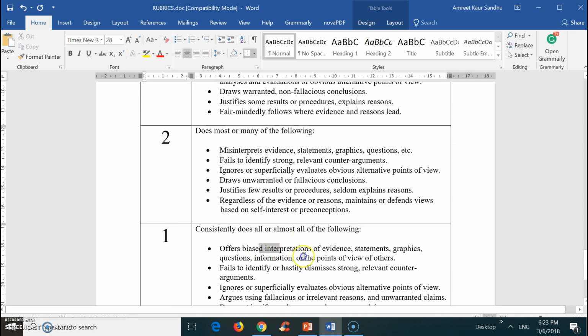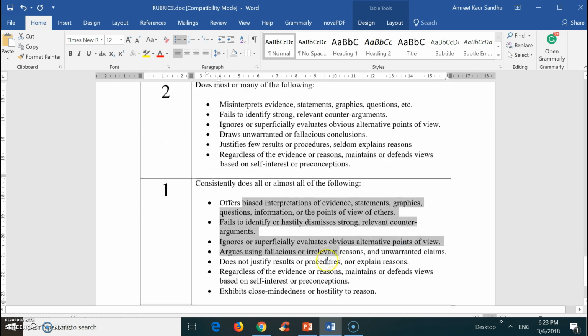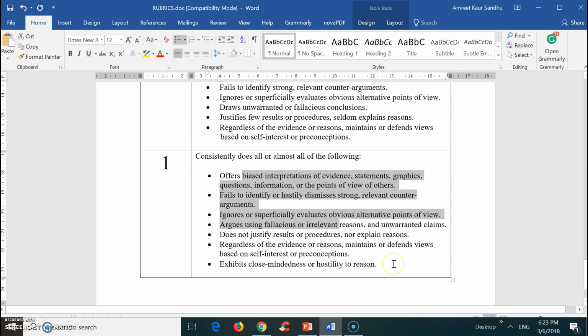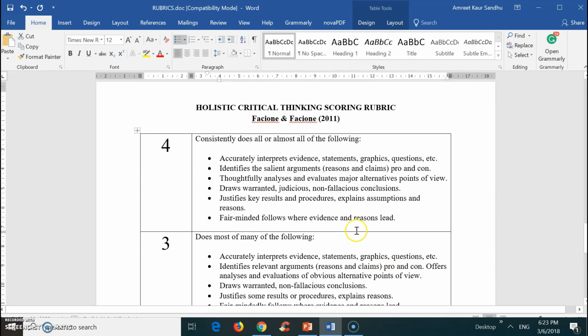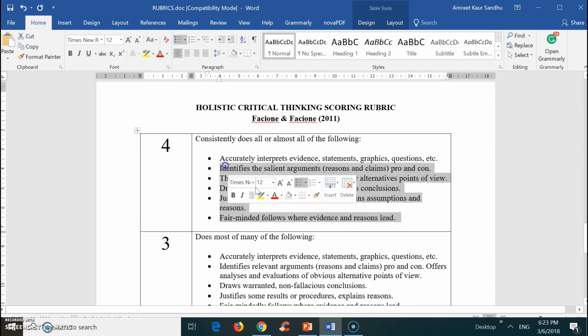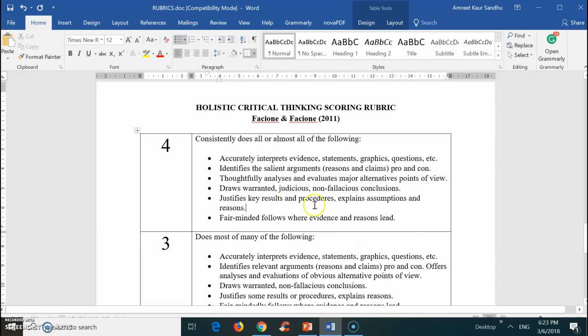Score 1 means there are few criteria met. You can have a look, and I would definitely encourage you to read it through. But if you want to get good scores, then you have to justify key results and procedures, draw warrants, thoughtfully analyze and evaluate, and also identify arguments, pros and cons.